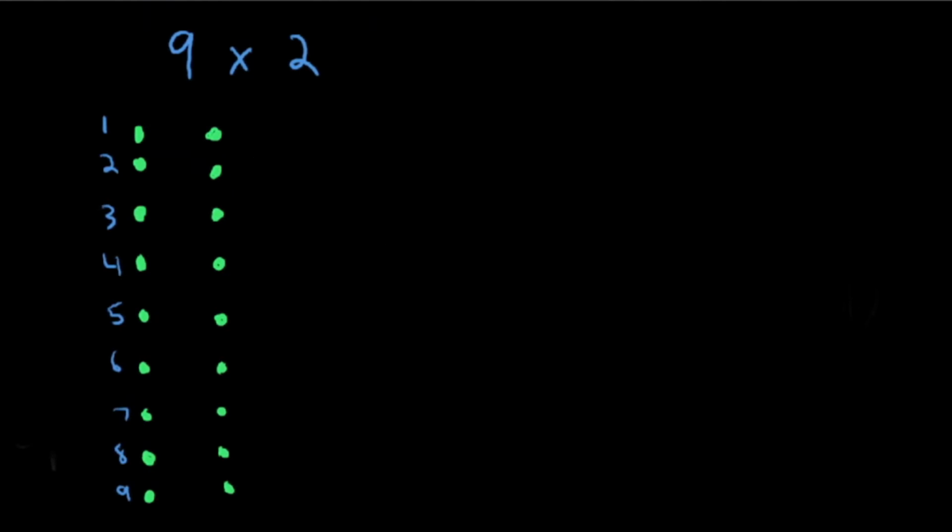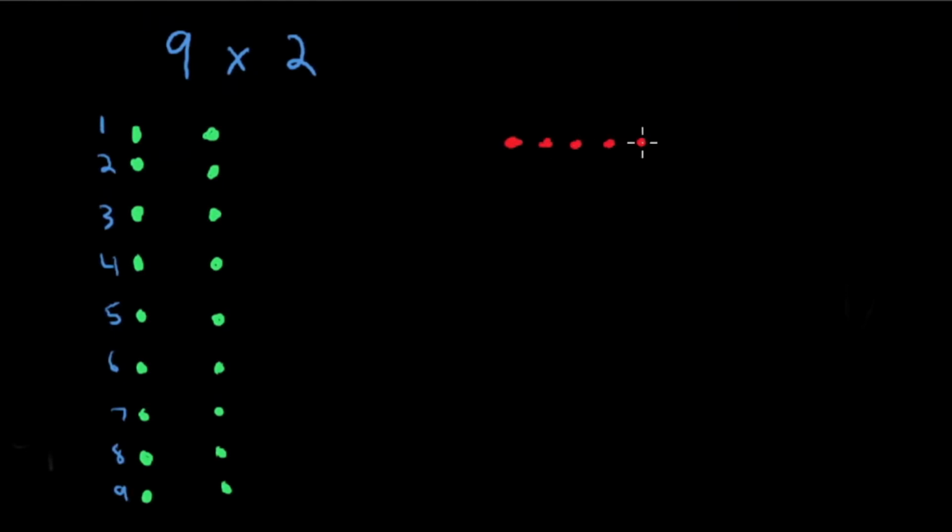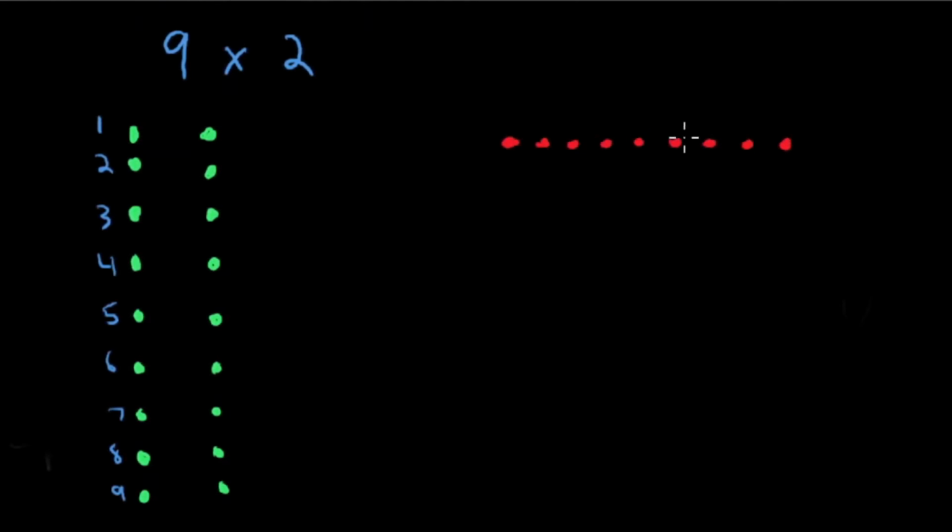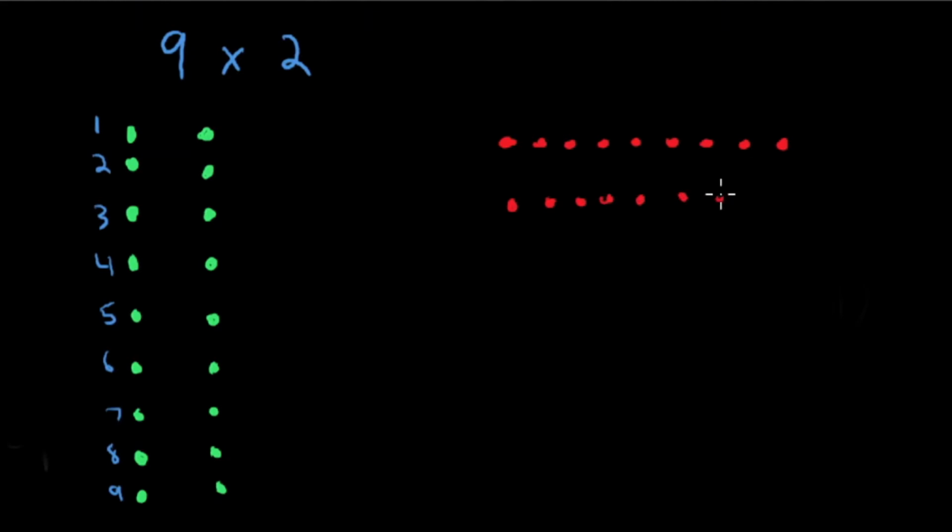The other way you could have drawn this is the other direction. You could have just turned it sideways. So let me get this one drawn. 1, 2, 3, 4, 5, 6, 7, 8, 9. And there is another group of 9.